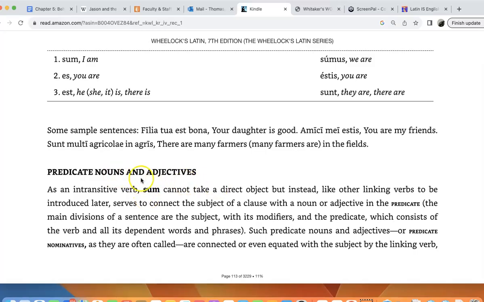And then here, predicate nouns and adjectives. This may be a new idea for you, but we have it in English if we say that George Washington is the first president. Notice we use the connecting verb is to combine George Washington and first president.